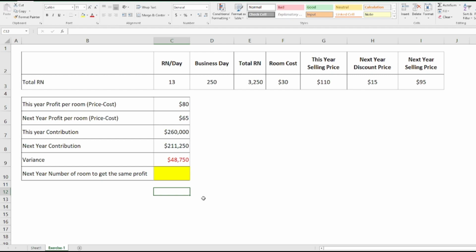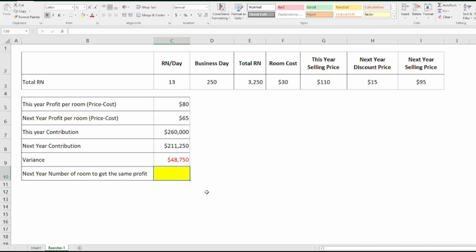So let's see how many additional rooms the client needs to produce next year in order to get the same contribution as this year. As we know, we need $48,750 more with the new rate of 65. So let's see how many additional room nights the client needs to support us.